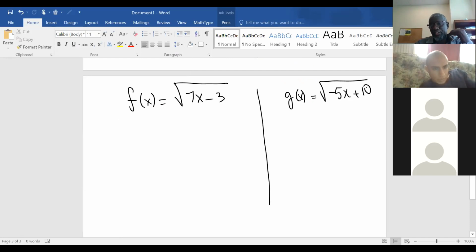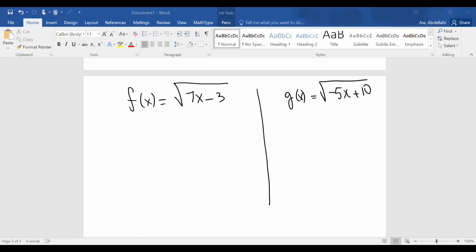In each case, you have to set the inequality greater than or equal to 0, right? In each case. Wait a minute or two for everybody to try, please. Thank you very much. And then we're going to see.